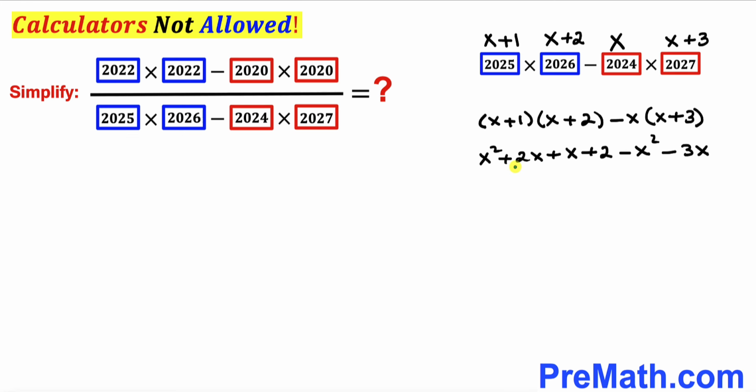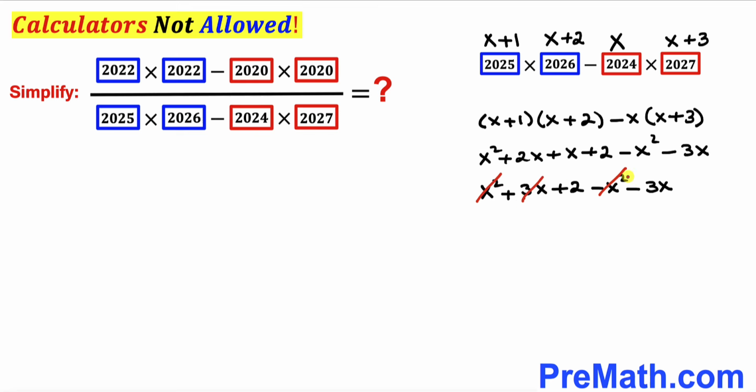And now we are going to combine these two like terms. So we ended up with x squared plus 2x plus x, which is 3x, plus 2, and then minus x squared minus 3 times x. And now we can see x squared and negative x squared are gone.